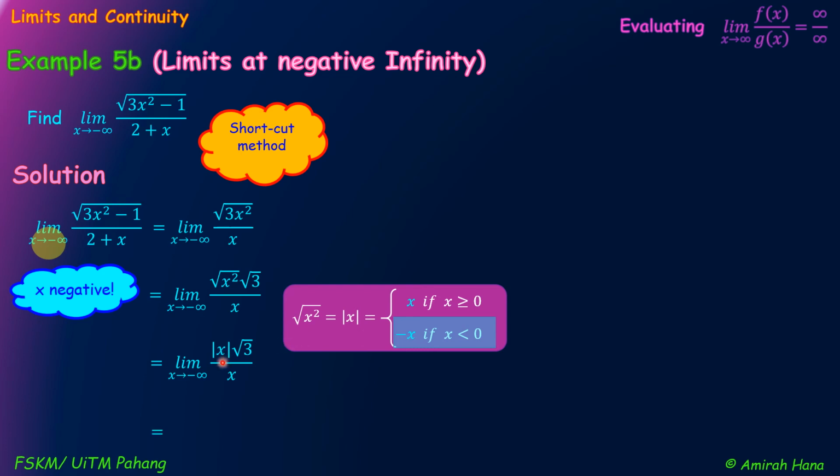So we have the limit as x approaches negative infinity of negative x times square root of 3 over x. After that, we can simplify x in the numerator and x in the denominator.